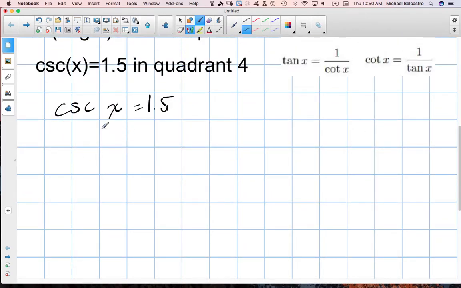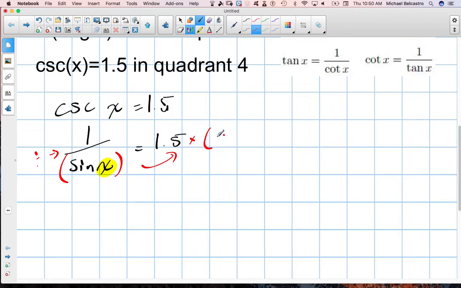Which means I can now replace cosecant x with 1 over sine x. Sine x is something I'm a little more familiar with using. And again, I just need to isolate for x here. So think of this like it's a term on the bottom, and because there's a division sign here, I can move this term to the other side by multiplying by that exact term, sine x.